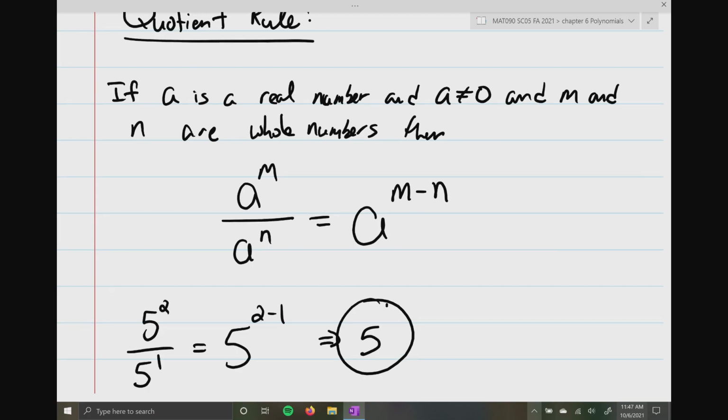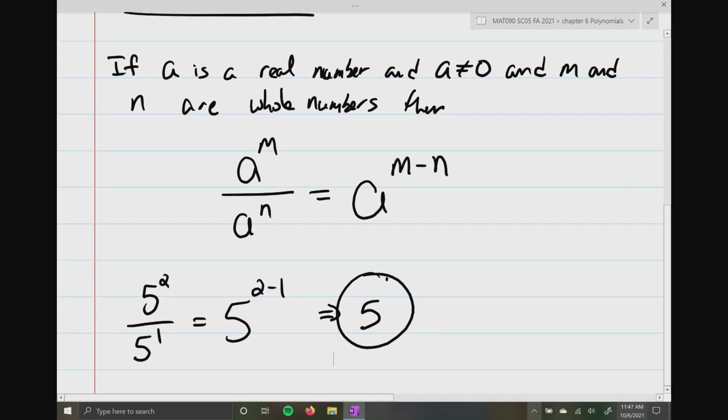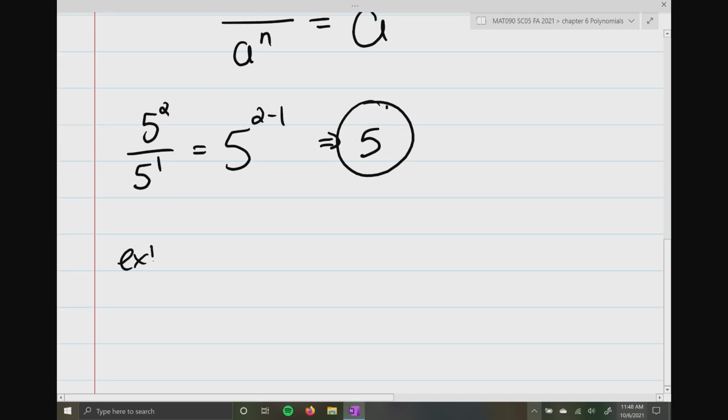Now, where this rule really helps us is when we're dealing with variables. Because here's the thing: we have no idea what x is.